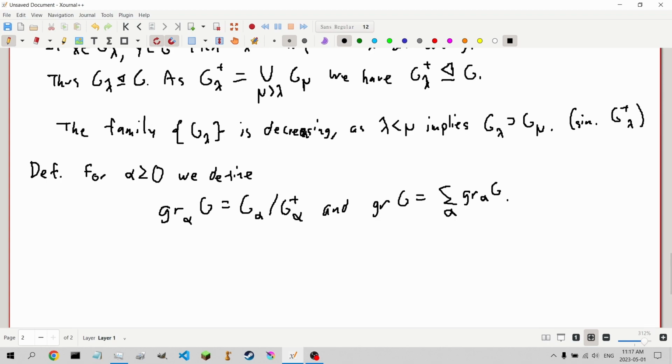Alright. So we have a few propositions to go along with this. First off, we have that each of these GR alphas is an abelian group.